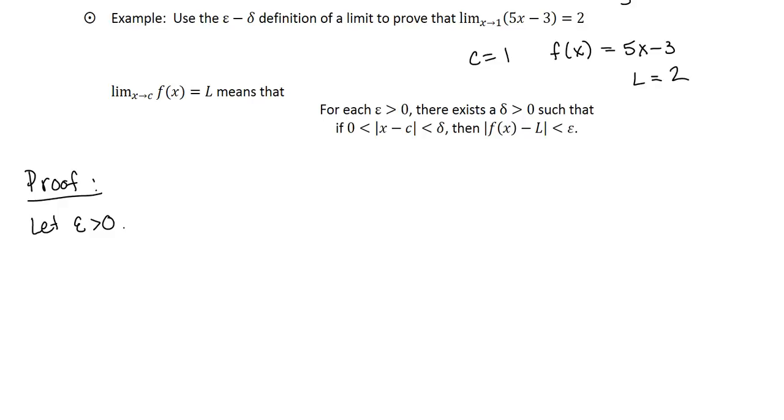Okay, so whenever you have a proof, if you're trying to prove a theorem, if it says the word if, that's something that you can assume. So we're going to assume that 0 is less than the absolute value of x minus c, which is 1, is less than some delta. We're going to figure out what that delta is in a minute.